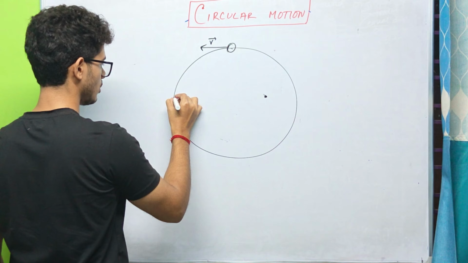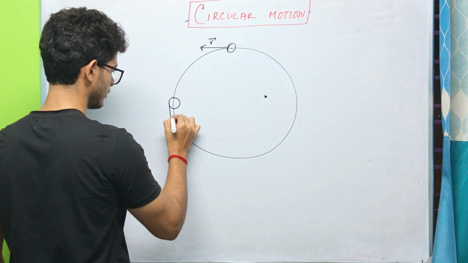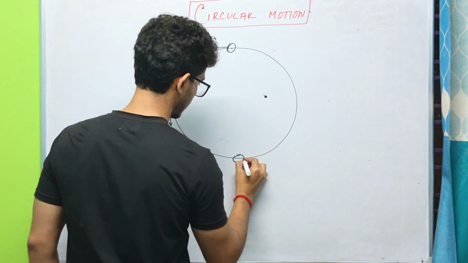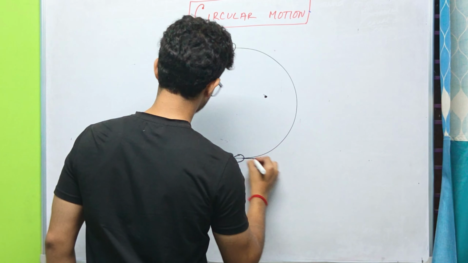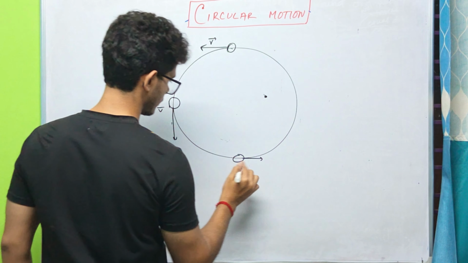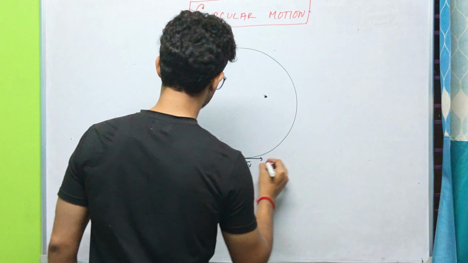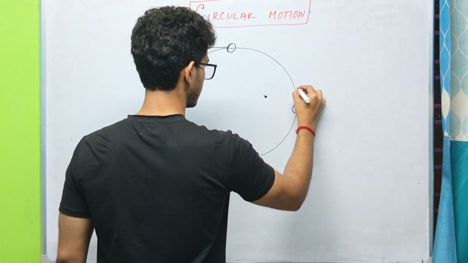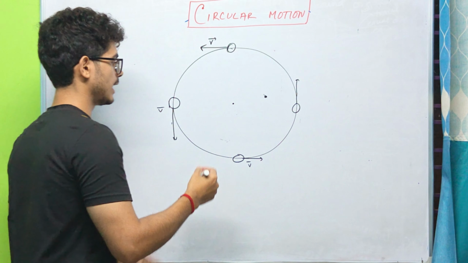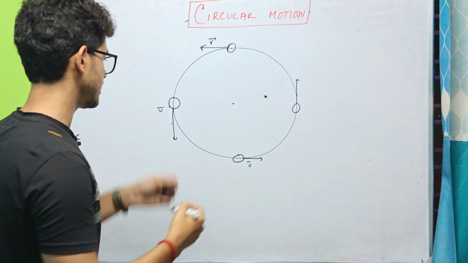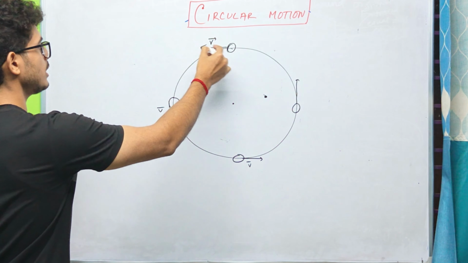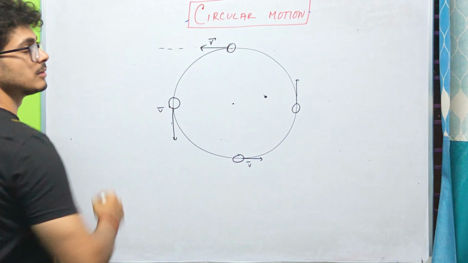When the ball moves to this point, then the velocity vector acts in this direction. Now at this point it will act in this direction. So at every instant of time the velocity is changing its direction, and whenever you let the ball escape, it will follow the tangential path.